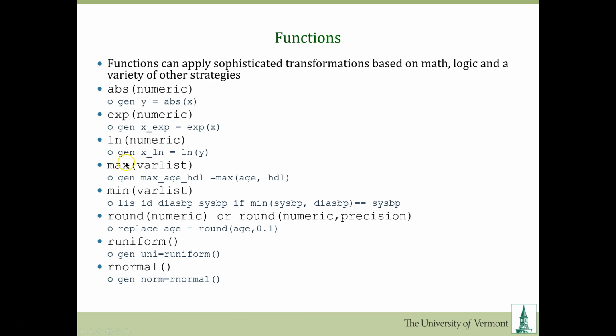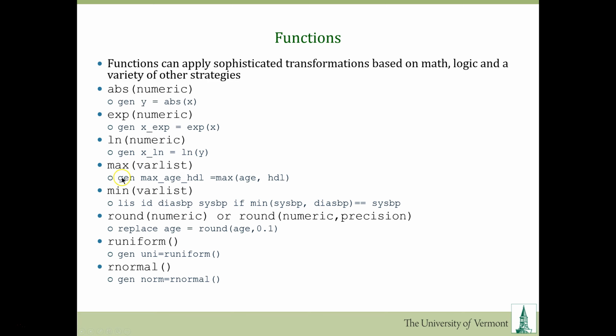Okay, here's a slightly different twist on a function. This is the maximum of a list of variables. So it says for each row, for each case, for each subject, go through all the variables in this list and find the biggest one. And so here it's the maximum of age, HDL, and we could have kept going, but I just said do it for 2.